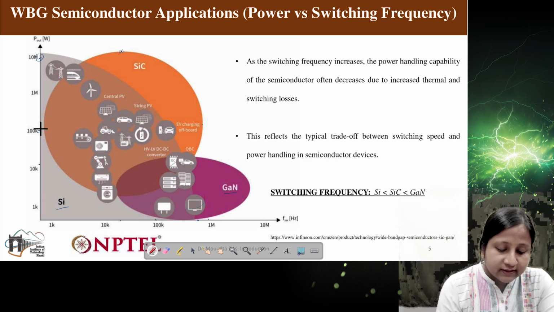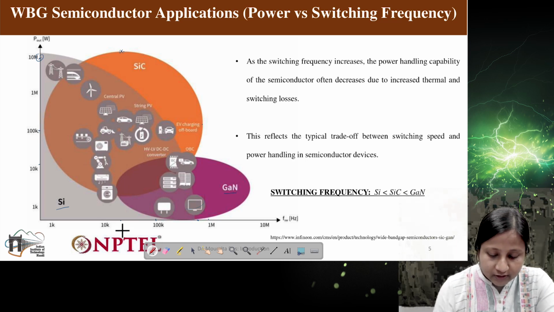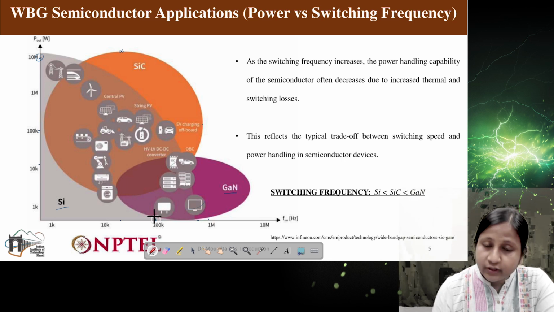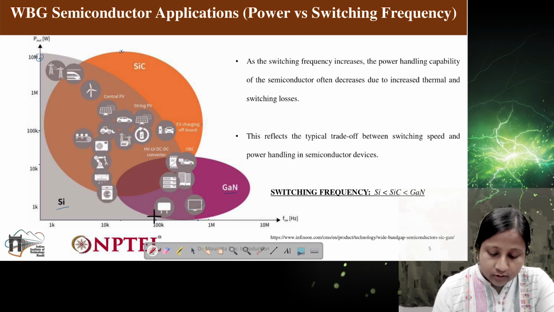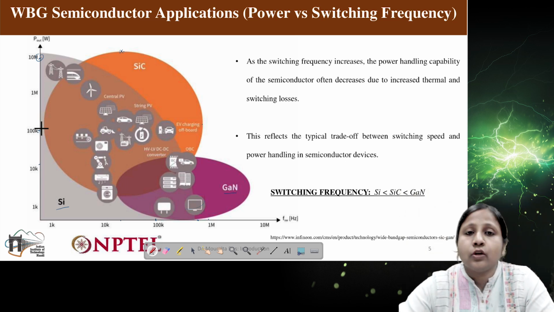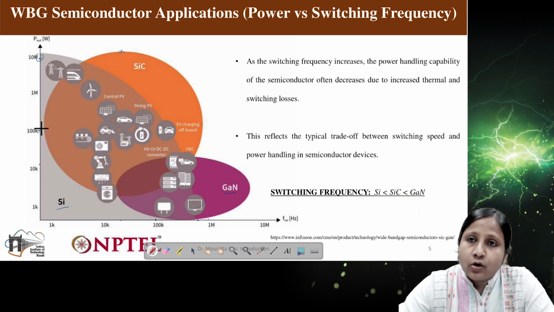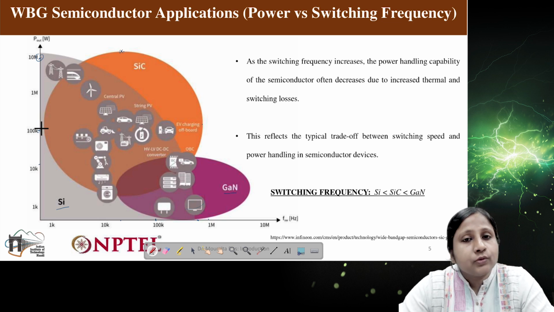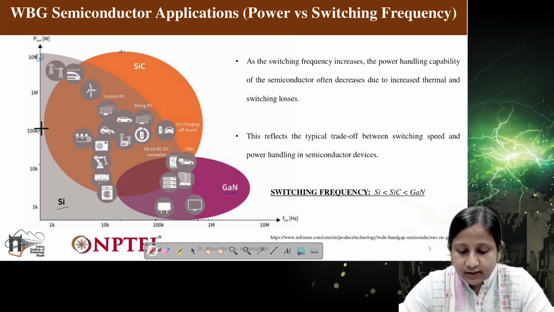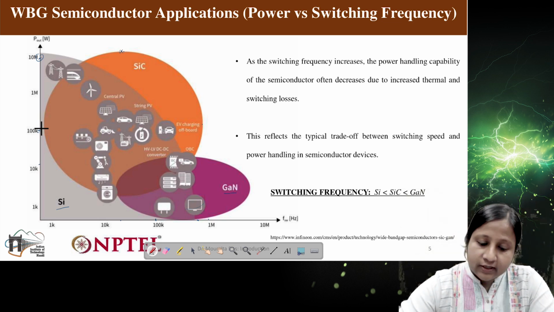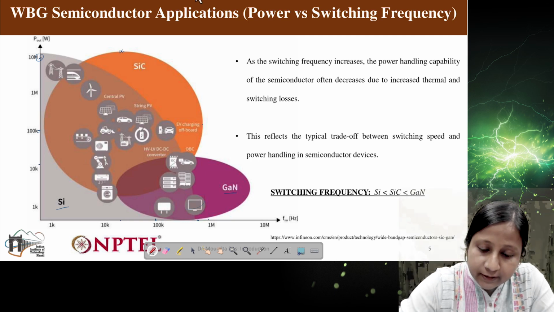The region where silicon is used is shown here, below 10 kilohertz, below 100 kilohertz and 100 kilowatts power level. There we can get optimum operation by using silicon devices. This is what is given in this particular slide.